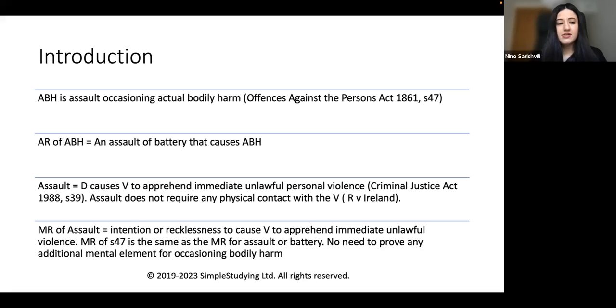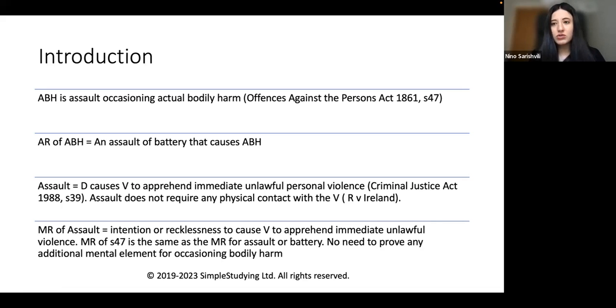Assault is defined under Section 39 of the Criminal Justice Act 1988. For assault to be committed, defendant shall cause victim to apprehend immediate unlawful personal violence. Assault does not require any physical contact with the victim, and that was established in the case of R v Ireland.